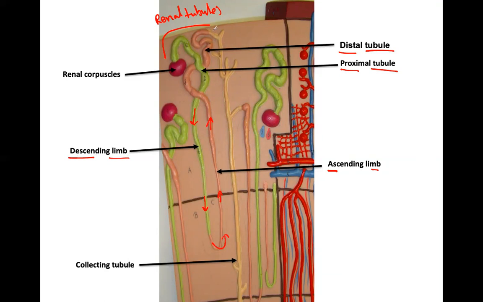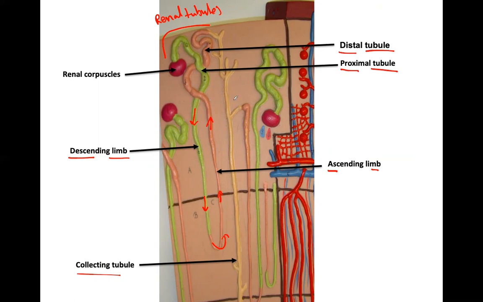The urine that is produced at this stage empties into these tubes, right here, called the collecting duct. Please do note that the collecting duct actually collects from multiple nephrons. So anytime you see these branches coming off of it, these are branches of a nephron dumping their urine into the collecting duct.